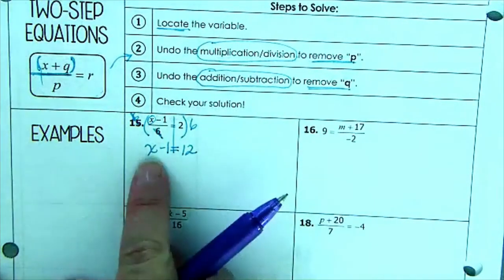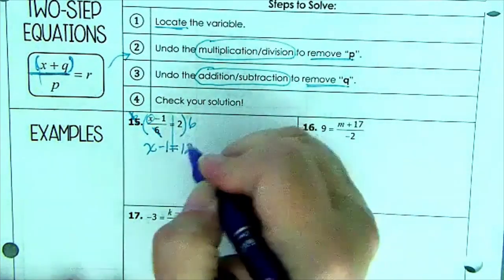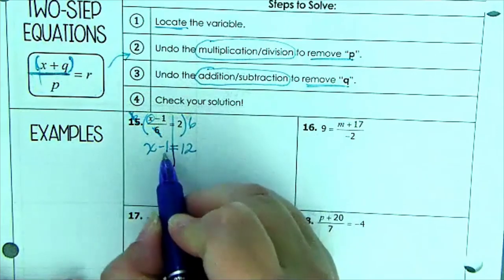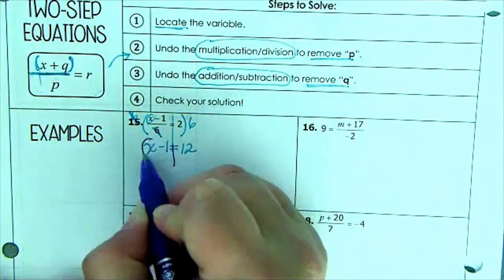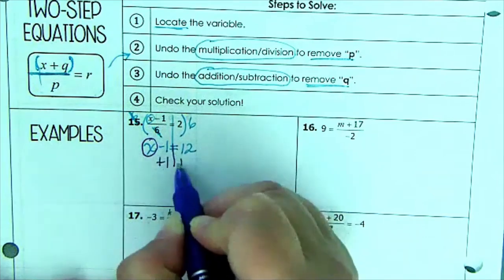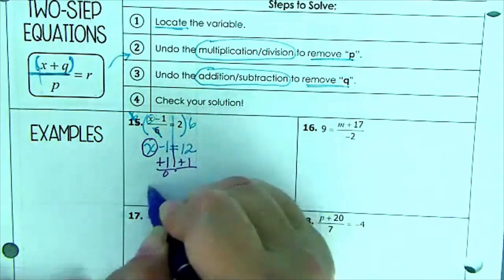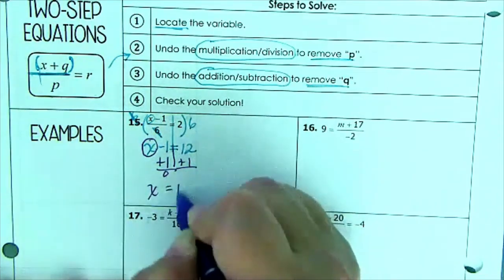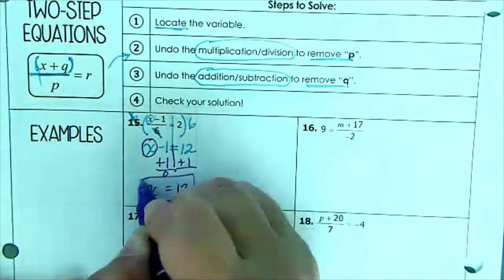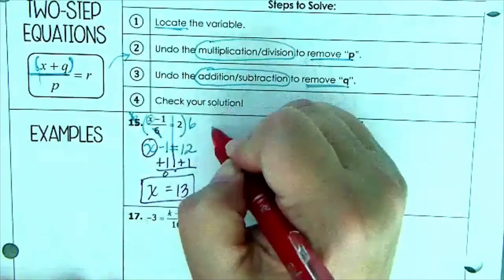And now this looks very similar to problems that we've been doing. So now I'm going to continue. What do I have to do to get the X by itself? Well, this is subtracting 1, so I'm going to add 1 to both sides. This equals 0, and I have X equals 13. To check, we plug it in.